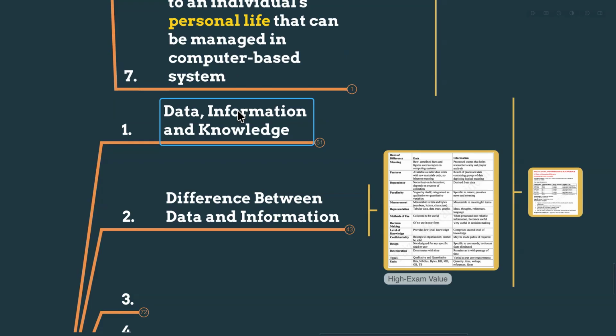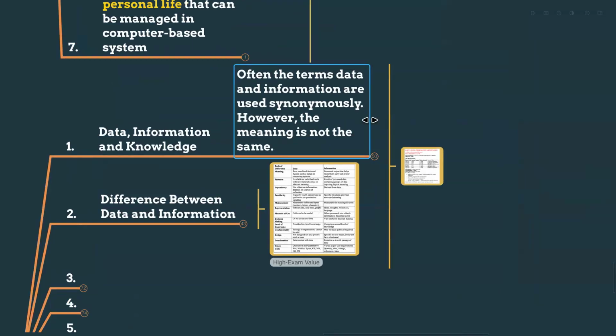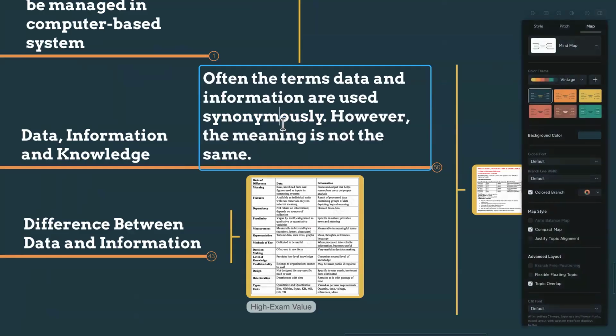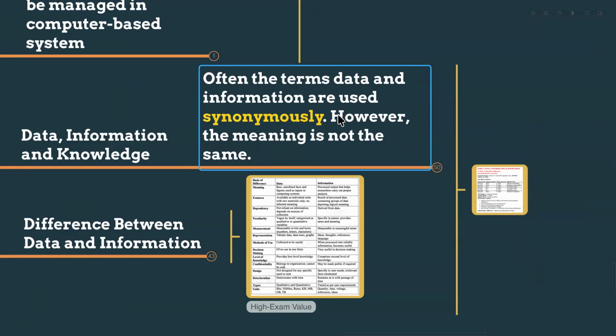So now you understood the learning outcome, and we will move on to the actual topics, right? So let's learn about data and information and knowledge. Often the terms data and information are used synonymously. It means that sometimes, in the practical world, we use the words data and information interchangeably.